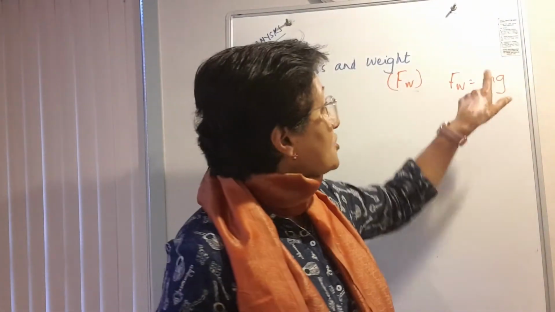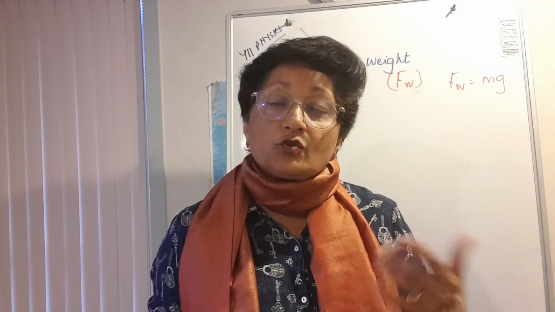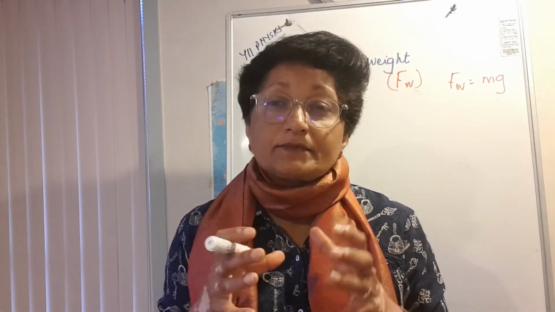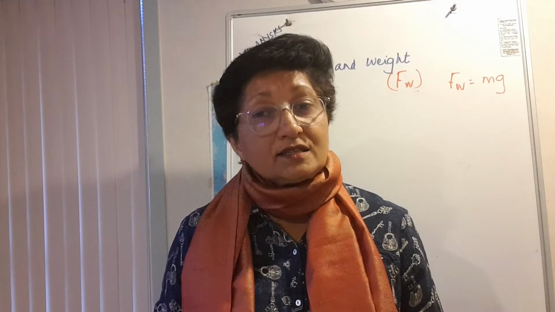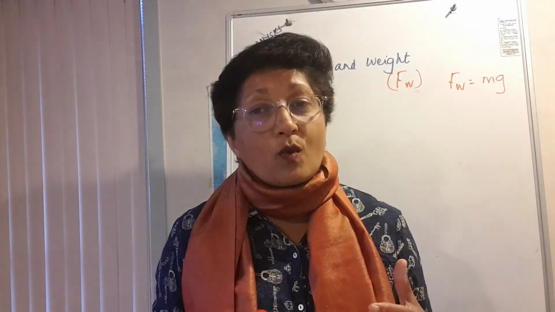It all depends on this value of g, which is the acceleration due to gravity. So if you went to the moon where the force of gravity was much less, and the reason why the force of gravity is much less on the moon is because the moon is much smaller compared to the earth. So the gravitational pull of the moon is not as much as it is of the Earth. So in fact, the gravitational pull of the moon is only 1.6 newtons for every kilogram.